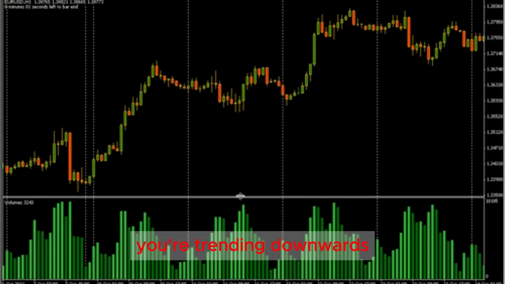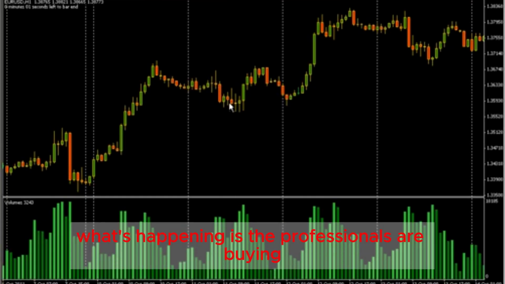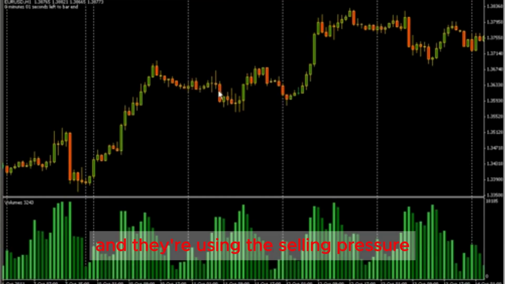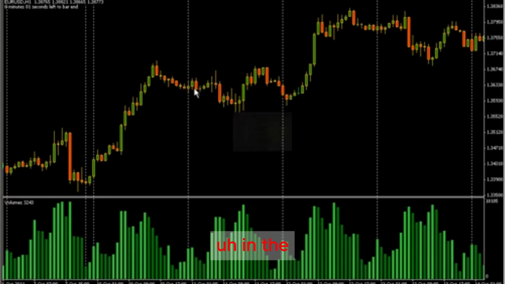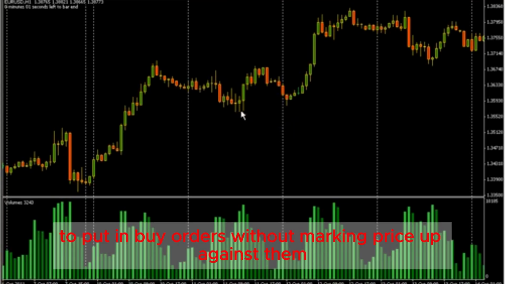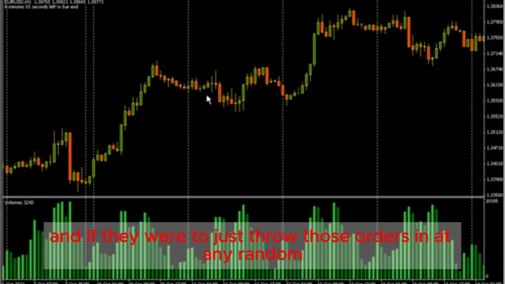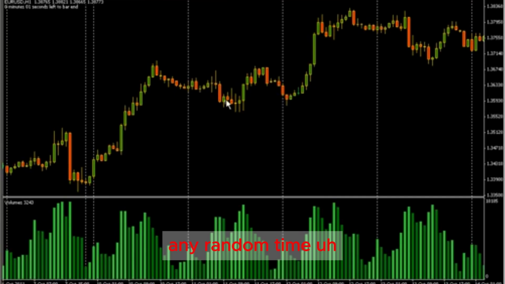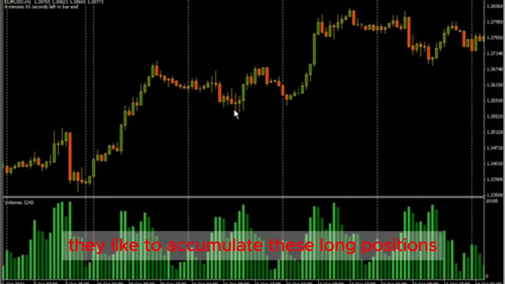If you're trending downwards, you see that increase in volume. What's happening is the professionals are buying, and they're using the selling pressure that's currently in the market creating this move to put in buy orders without marking price up against them, because they need to get filled with some large orders. And if they were to just throw those orders in at any random time, price would mark up to fill them. They like to accumulate these long positions.